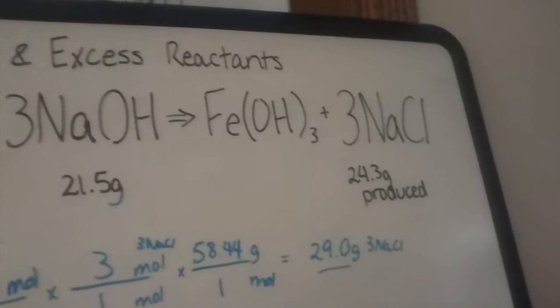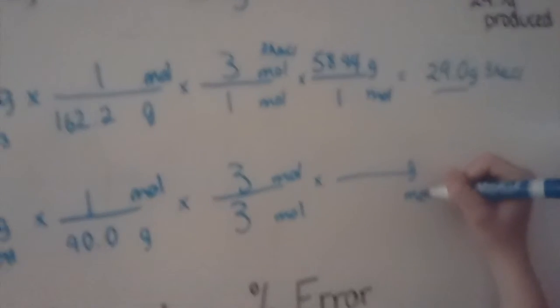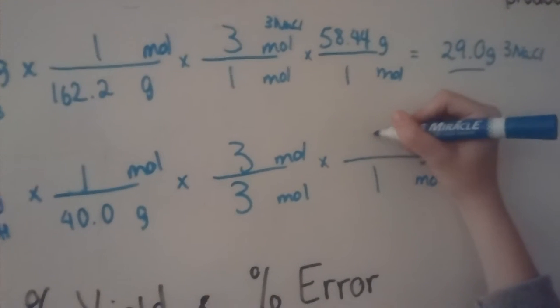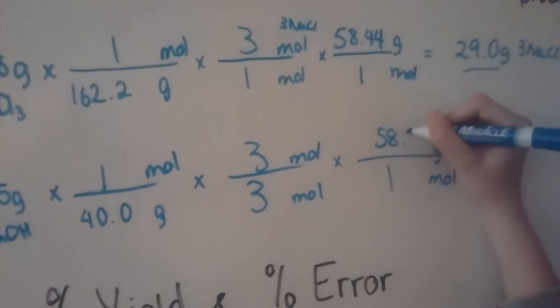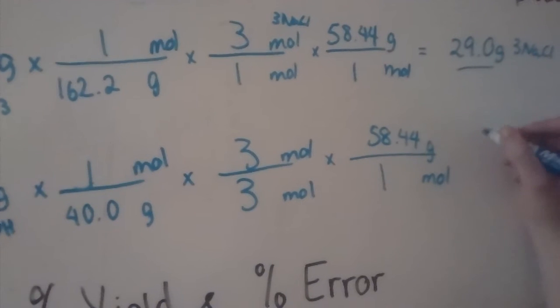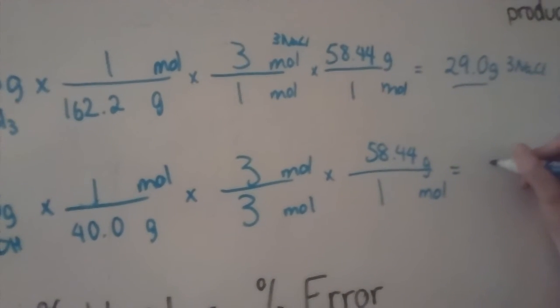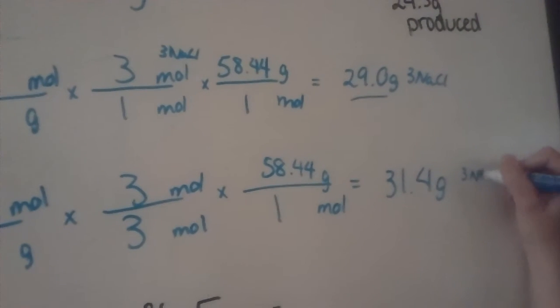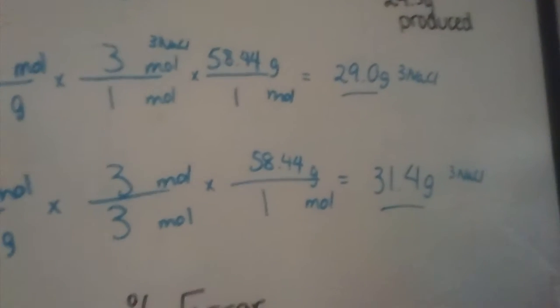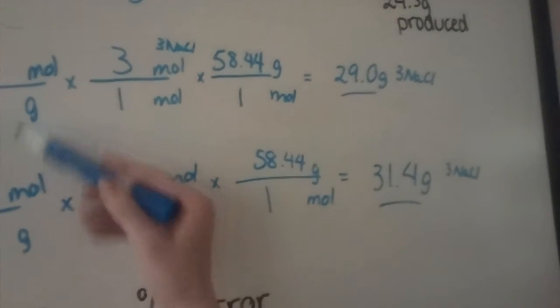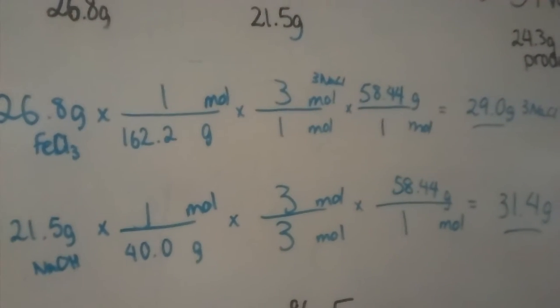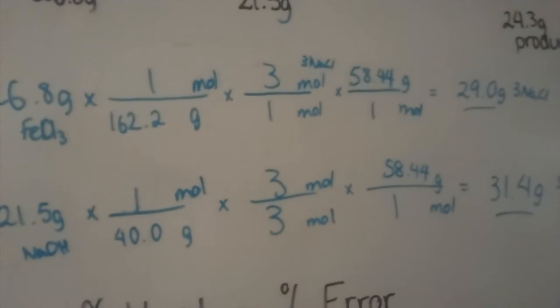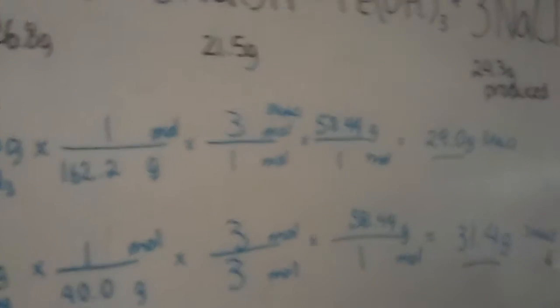And they both have 3 moles, so it's just 3/3. Still 58.44, but this time we get 31.4 grams of 3NaCl. And these grams is what we get out of the periodic table. And as you can see, these numbers are fairly close, but they're a little different.